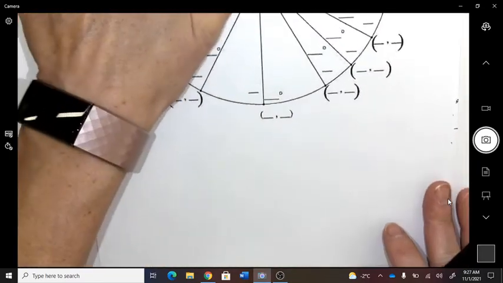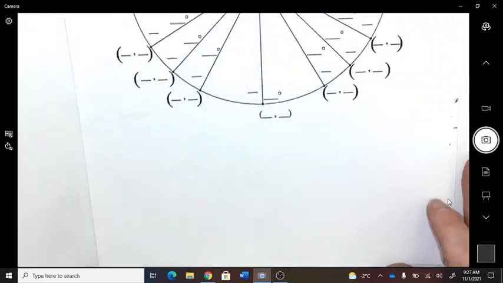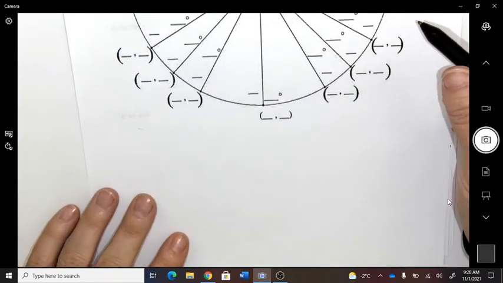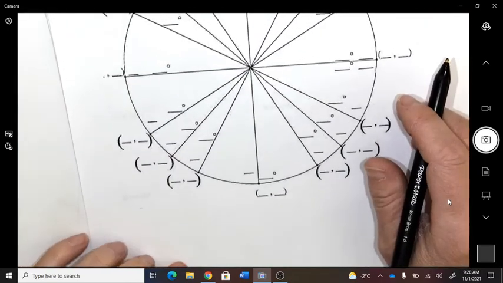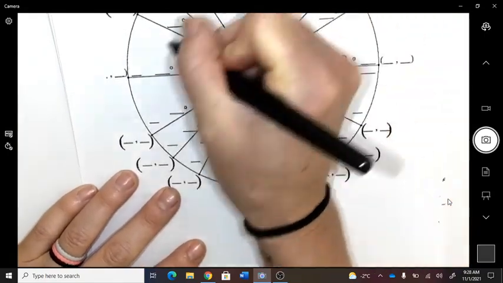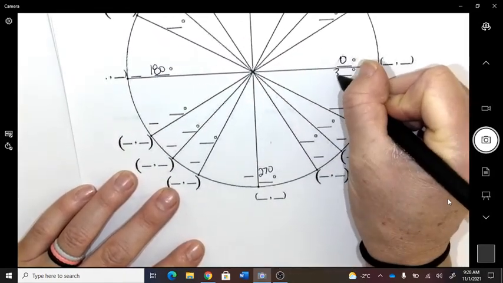Okay, making a unit circle. We're not going to make all of it right now. How about we just kind of recall how to make it? Okay, let's go angles. So 0, let's go the 90, 180, 270, and 360.